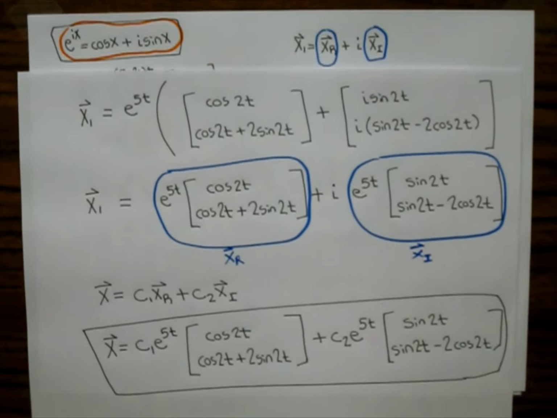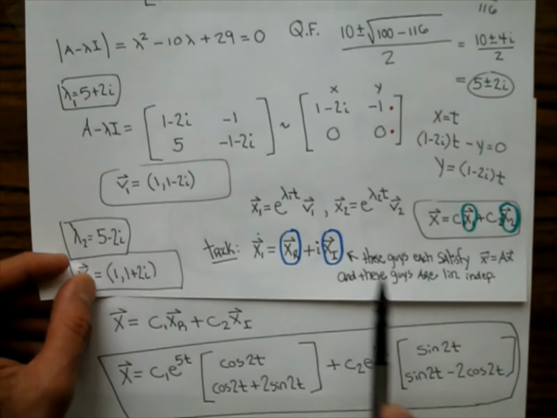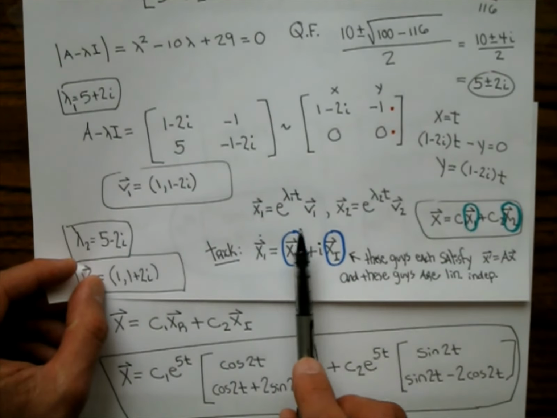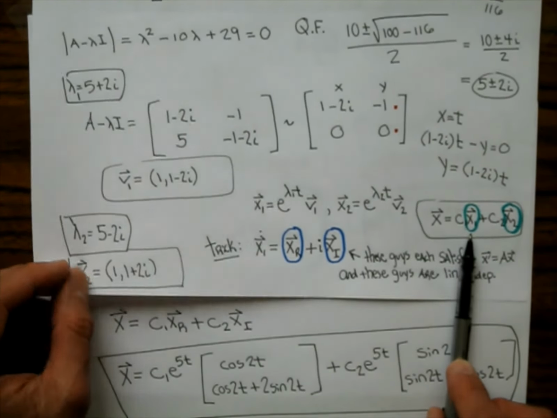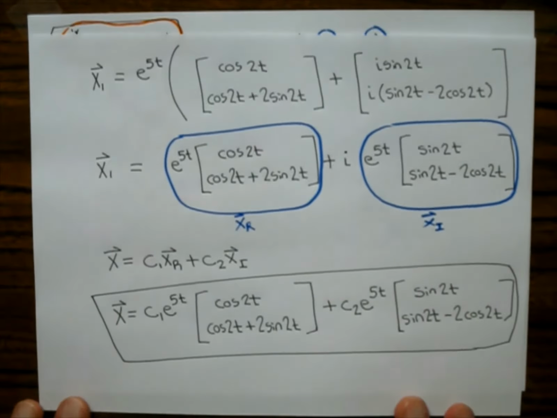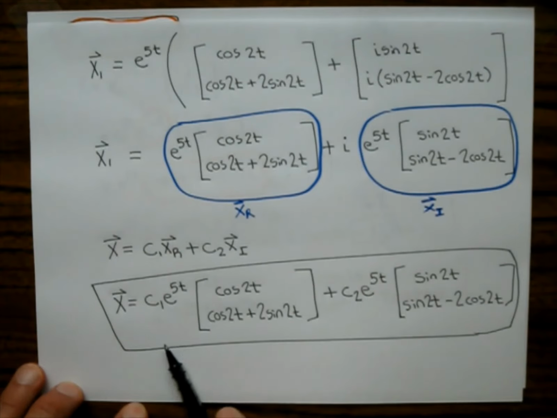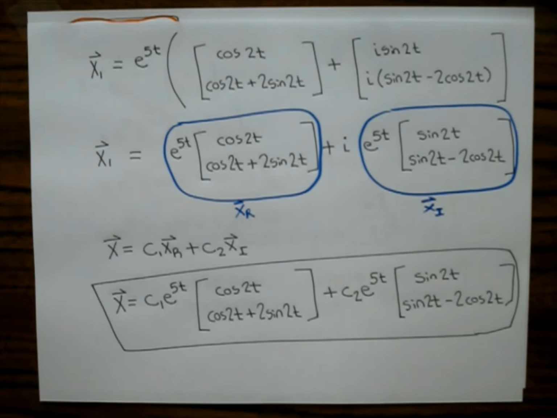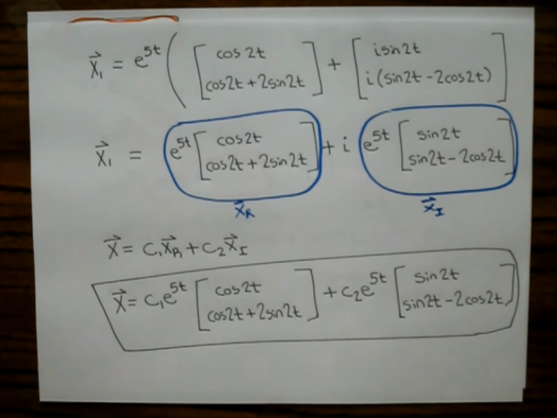Some books will do the Euler identity on both of these, which is a real algebraic mess, and guess what you end up getting? You end up getting the same answer. And sometimes if you look up your answer and it appears to be a little different, all it is is a different parameterization of the same family of curves. So that is how you do these problems.